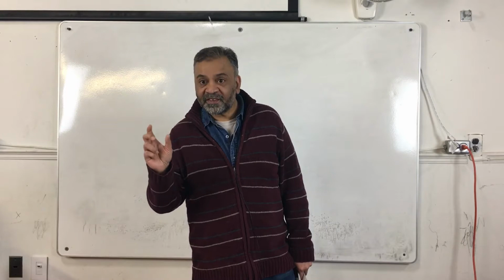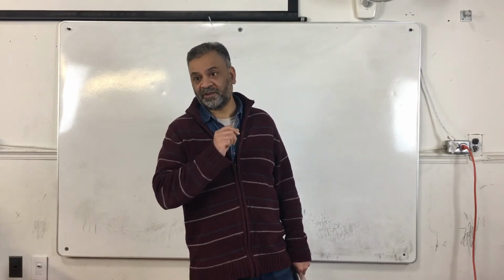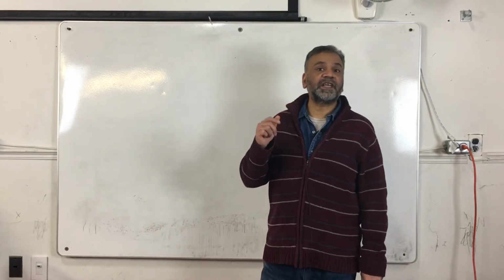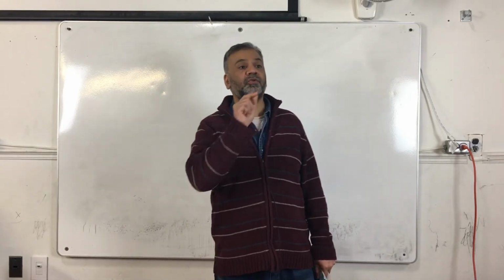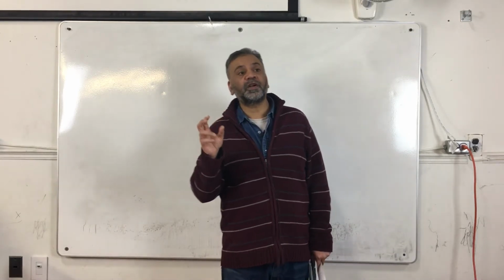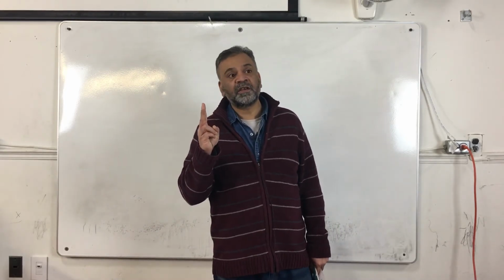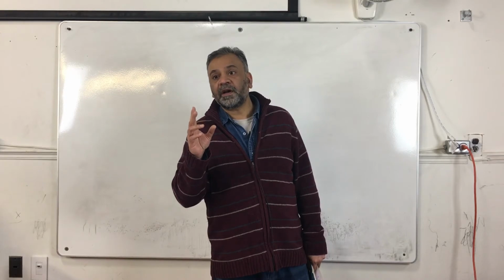The plural will become a diptote, right? A diptote. Mafa'ilu. In the previous lecture, we said mafa'ilu and mafa'ilu. If the plural comes in those two patterns, then they will become a diptote.